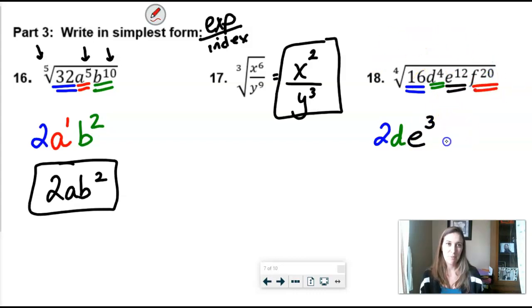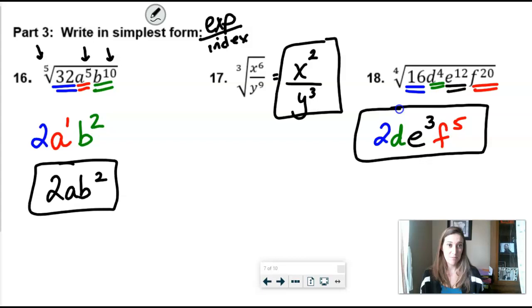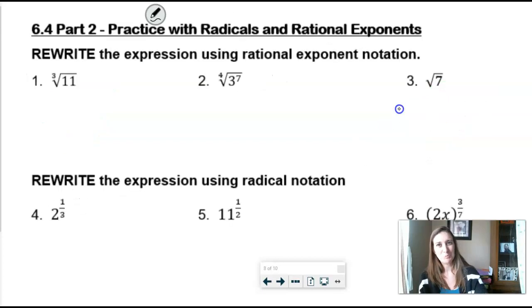F to the 20 divided by 4 is 5. And that's it. So like I said, these were extra simple because we don't have anything that didn't divide evenly. In previous years, we had done questions where they have some leftover things that get stuck in the radicals. So go find my 2019, 2018, or 2017 lesson on this if you need something a little more thorough.